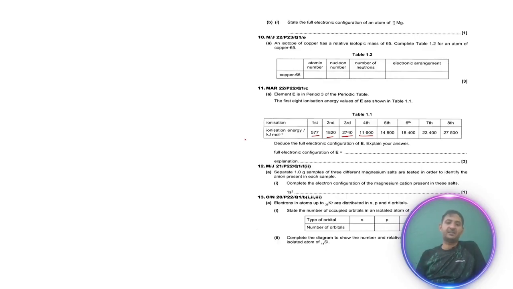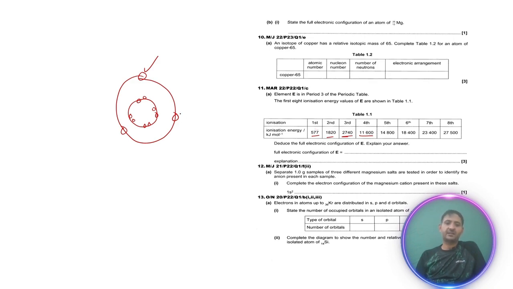It means E is an atom with this type of configuration. It has 3 electrons in the outer shell and 8 in the one below. It means when you remove this electron, 577 of energy is required, not released, required.